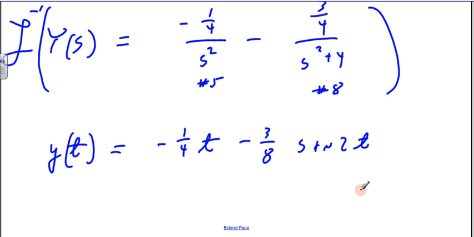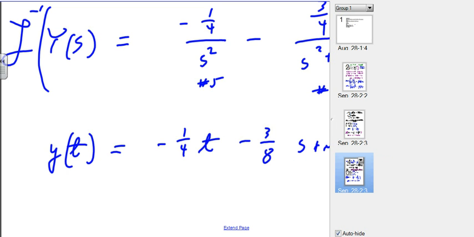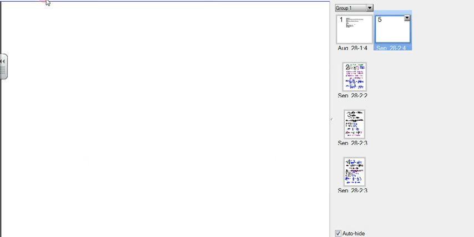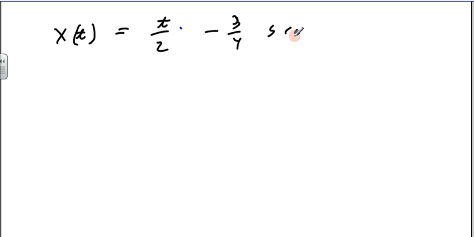Okay, so we've solved for x of t and we solved for y of t. Now what we're going to do is check our work. Okay, so x of t is equal to t over 2 minus 3 over 4 sine 2t. I look at x of 0, and I see x of 0 is 0, which is supposed to check.